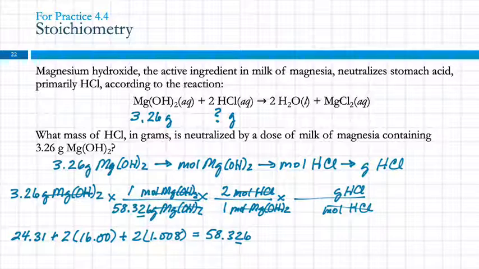And then HCl is 1 hydrogen and 1 chlorine. 36.458. So here grams on the top, so 36.458.